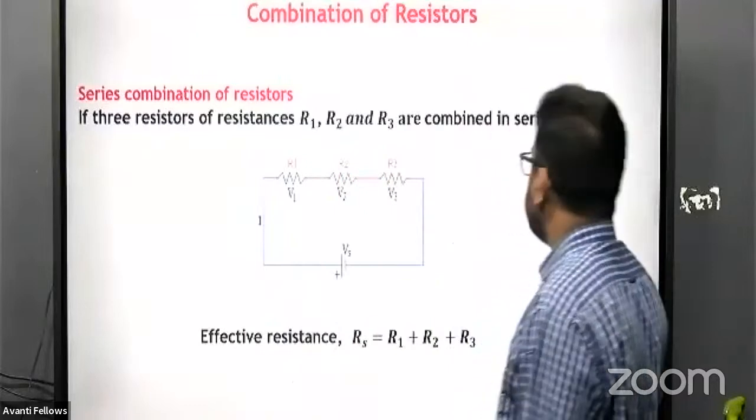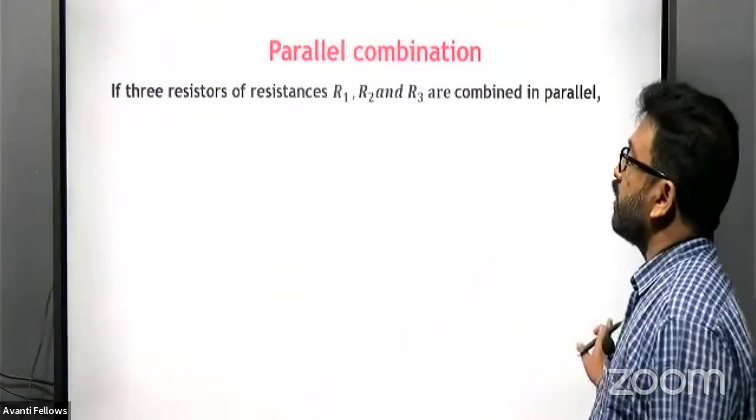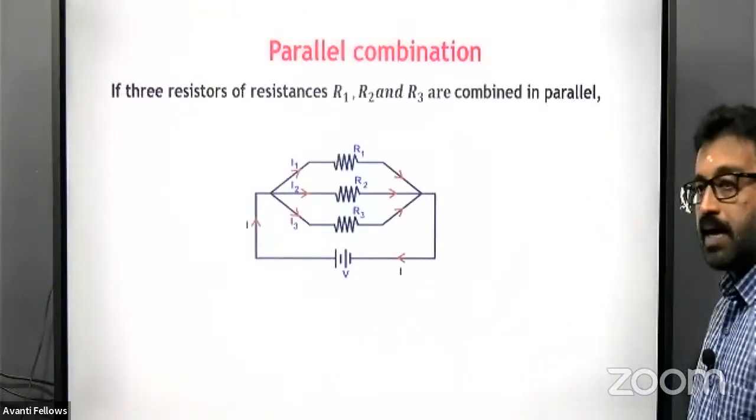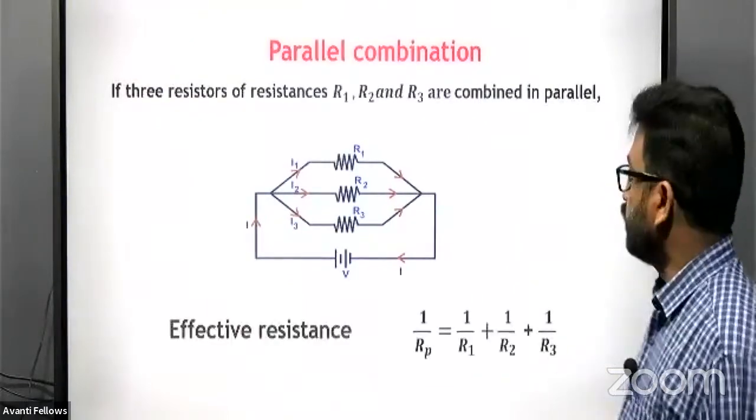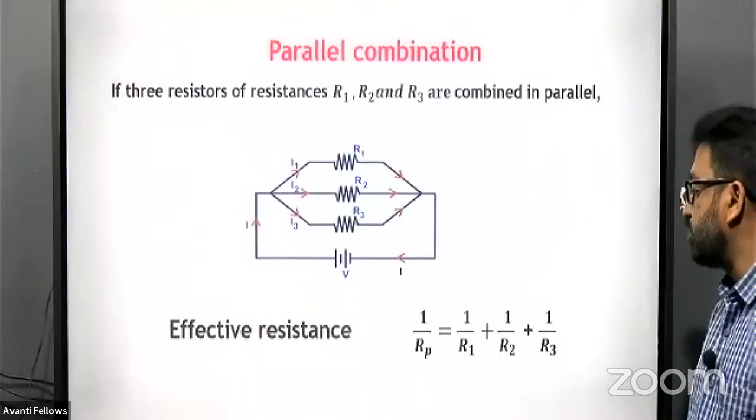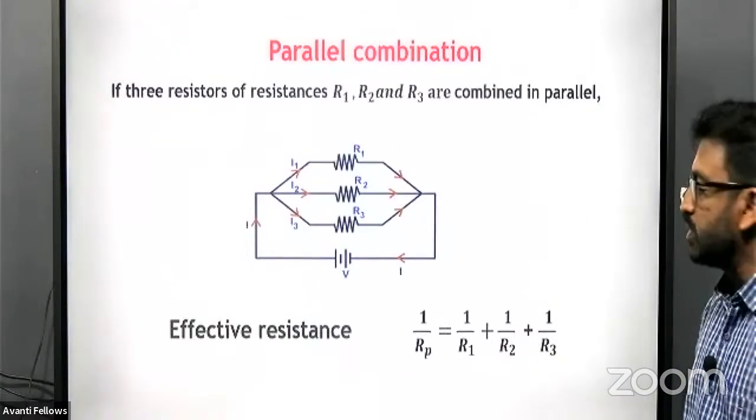And if they are connected in parallel, see, 3 resistors connected in parallel, the equation is like this: 1 by R parallel equals 1 by R1 plus 1 by R2 plus 1 by R3.